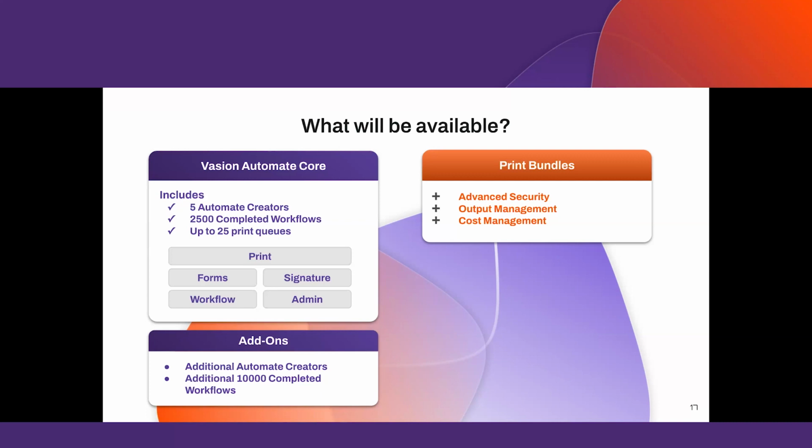More details will be provided on that in the future. But as you can see, everything with the licensing of your Printer Logic instance is pretty much the same as before. We're just providing the opportunity to receive 5 additional Automate creators and 2,500 completed workflows.